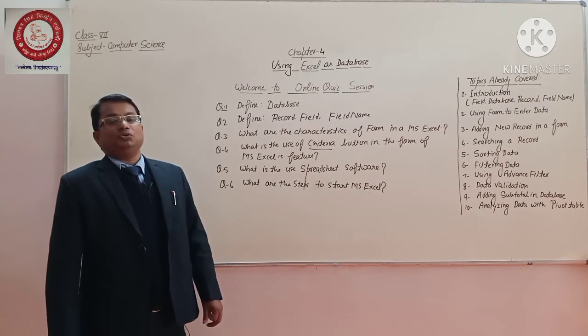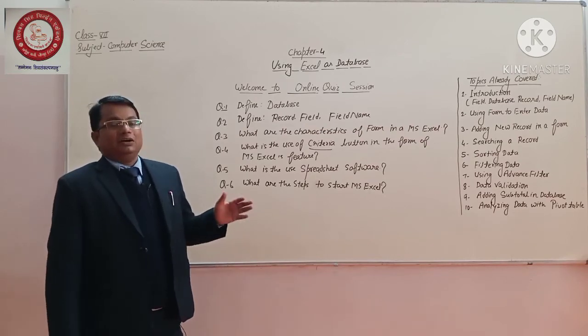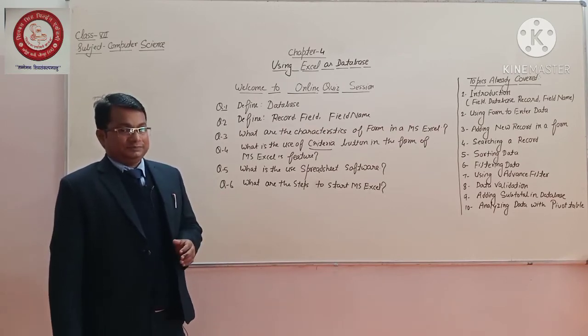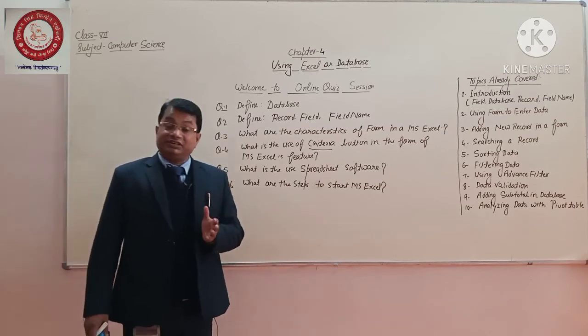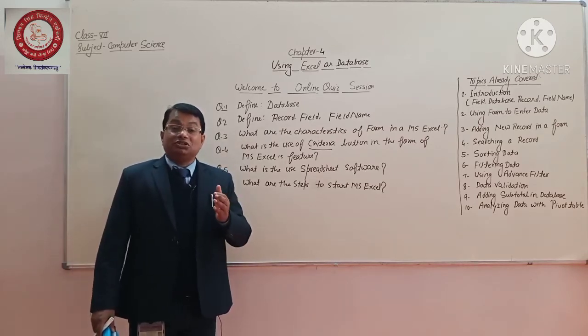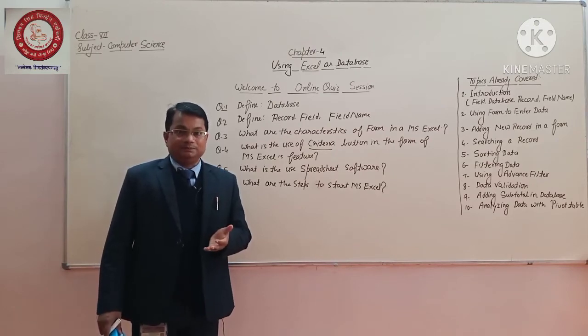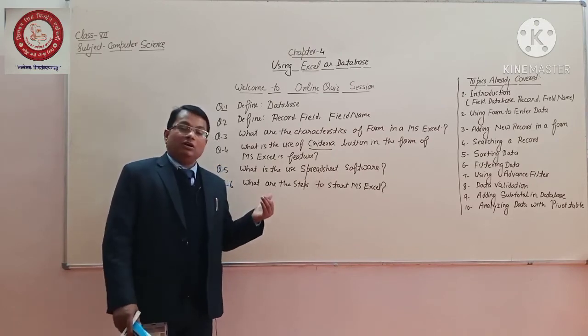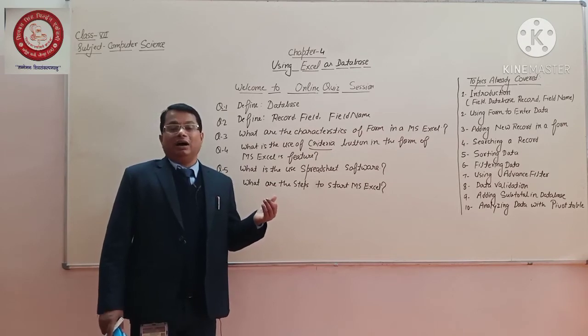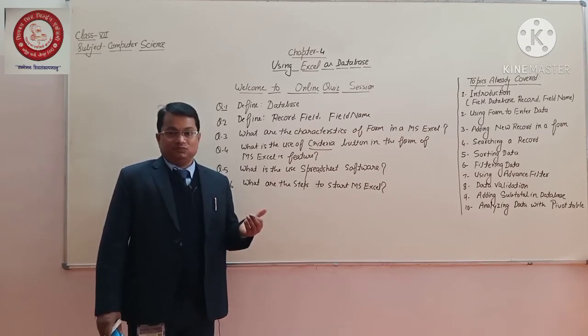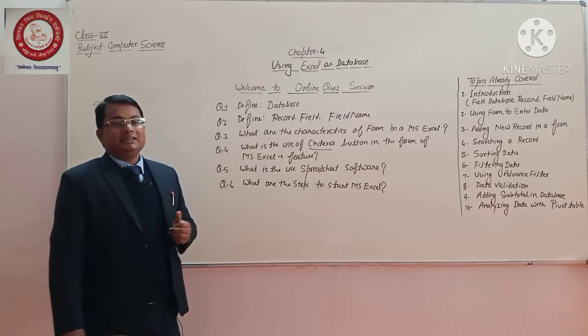Okay. So students, now it's time to have the answers. Many students are still giving the answer and many students are giving the correct answer. Yes, correct answer. Now I am going to start answering these questions. Question 1. Define database.